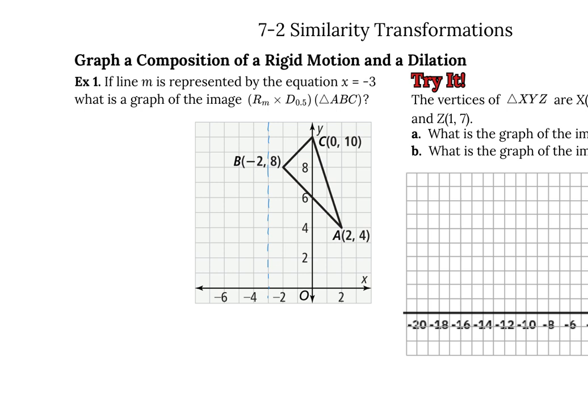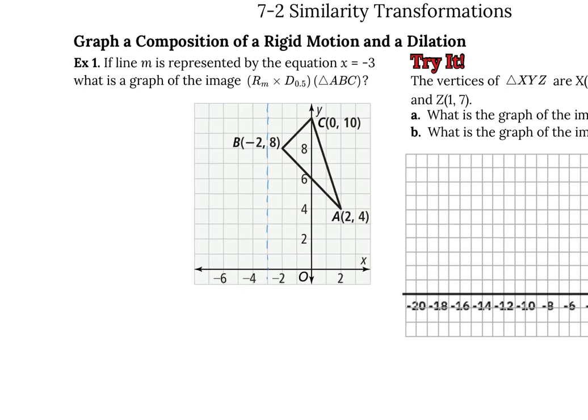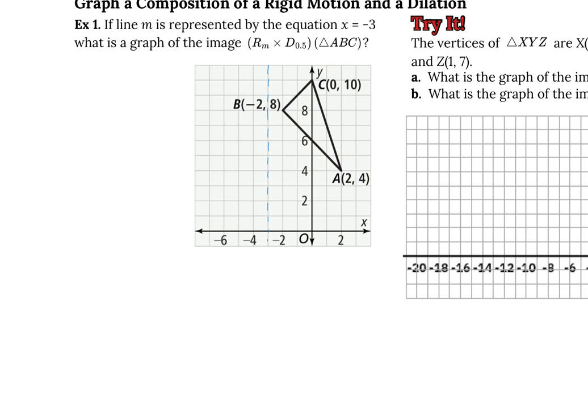We want to do the dilation first, and it's dilation by 0.5. So to dilate, I'm going to take my coordinates and multiply by 0.5. So that's going to give me A prime.